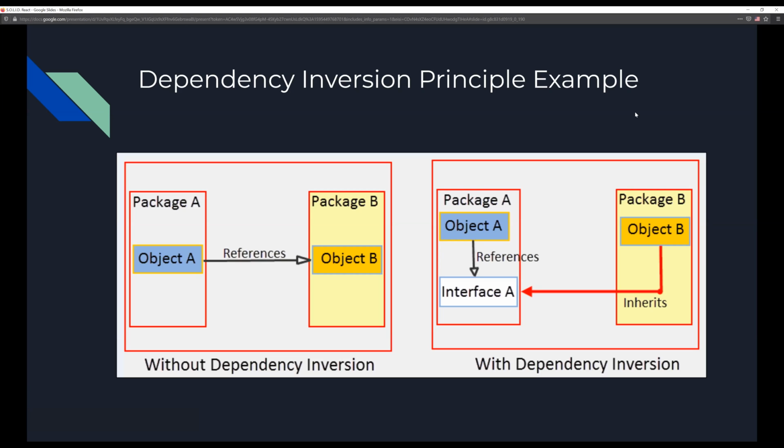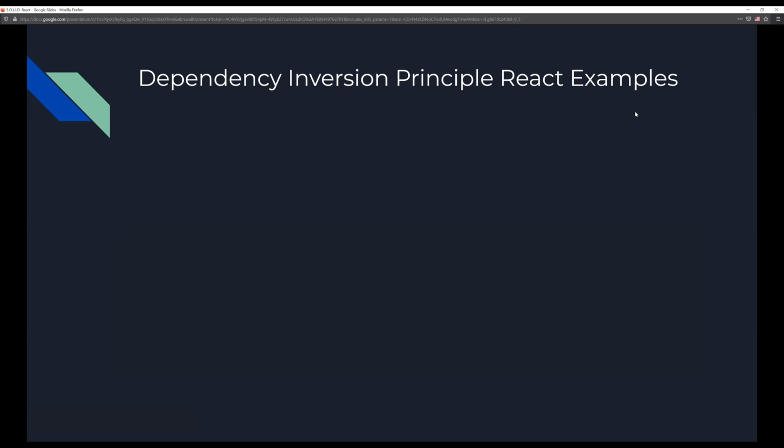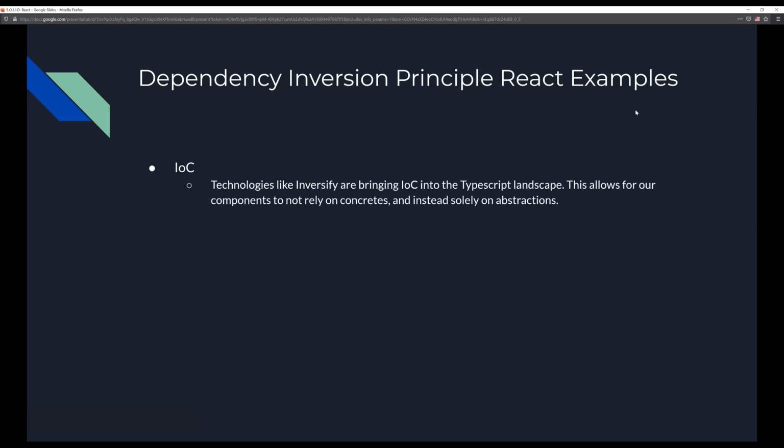And so that gets us to D, SOLID. Where do we see this in React? This is where we're going today in our workshop. In IOC, Inversify is a library that is working on bringing inversion of control into the TypeScript landscape. This allows us to more easily not rely on concretes and use interfaces instead.